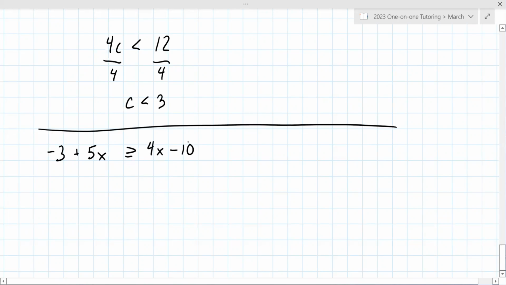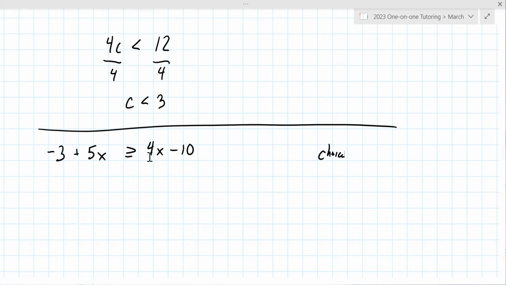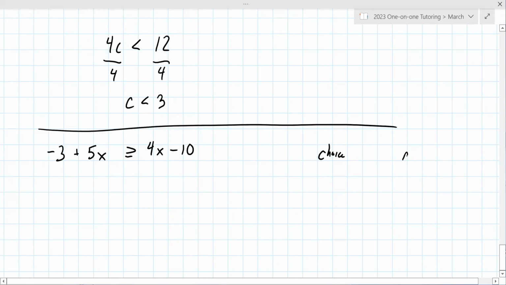You have to decide, am I going to move the 4x left or the 5x right? What does your intuition tell you? Your math knowledge tell you? I'm going to move 4x so I don't have a negative. That's right. And you generally move the smaller to the larger. So in this case, subtract 4x from both sides.